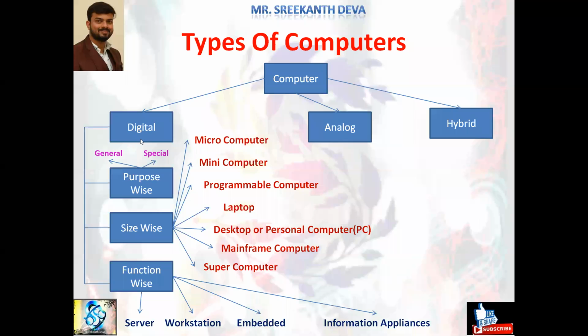See, what are digital computers? Digital computers are computers that work on discontinuous or discrete data. The remaining points we'll discuss in detail under digital computers. Just understand that computers are basically categorized into three types: digital, analog, and hybrid.